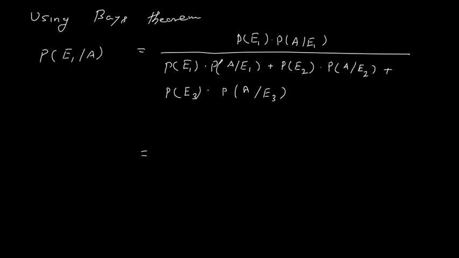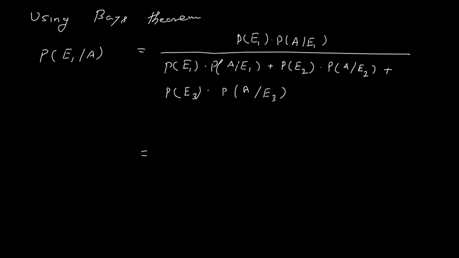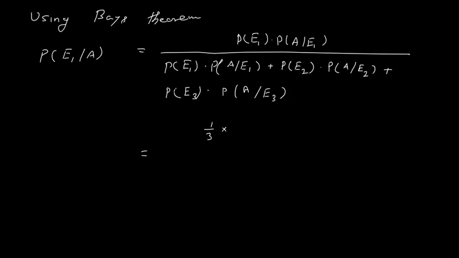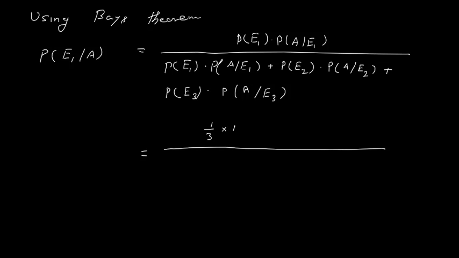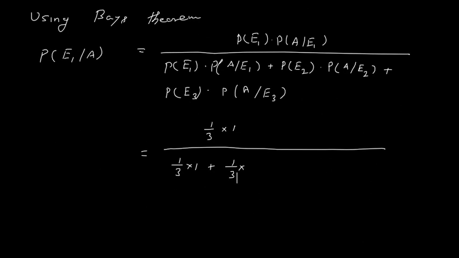Is equal to, now probability of E1, what is the probability of E1? It is 1 by 3 into probability of A by E1, so A by E1 is 1, whole divided by probability of E1 is 1 by 3 into 1, plus E2 is 1 by 3 into A by E2 is 3 by 4, plus 1 by 3 into 1 by 2.